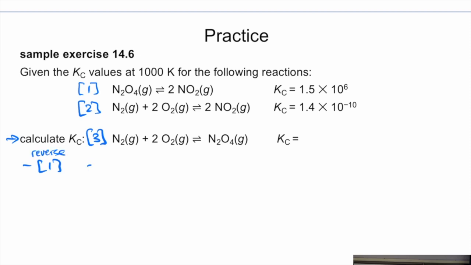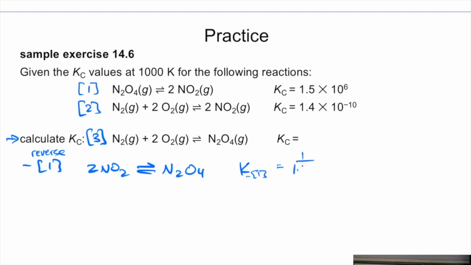So we take number 1, we reverse it, so that's going to give us 2NO2 goes back and forth with N2O4, and that means that the Kc for that, let's just call that -1, just to notate that. So we've run it in reverse. So what's that new equilibrium constant going to be? It's the inverse, right?